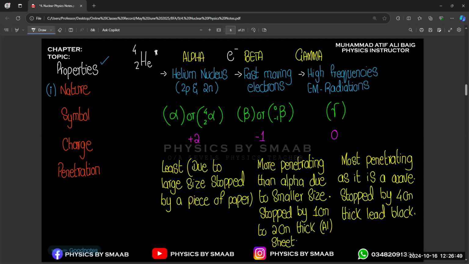And as we know that this is a radioactive element, and radioactive element means to emit something, right? So for example, if we have any specific nucleus, from that nucleus in a single time, an alpha particle emits two protons and two neutrons, right?